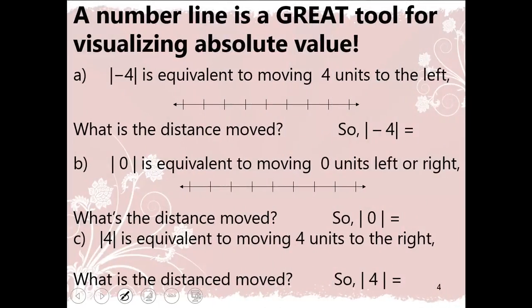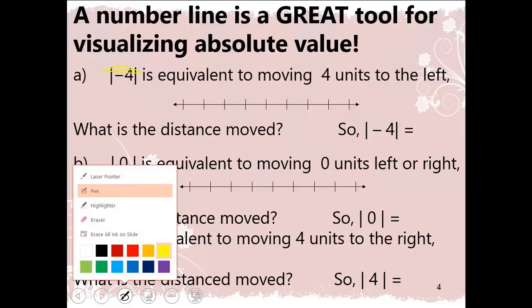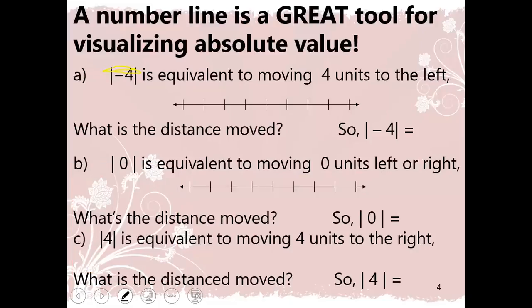So let's take a look at a number line because it's a great tool for visualizing absolute value. All right, let's first do example A, and let's talk about the absolute value of -4. What it's saying is move 4 distance to the left of the number 0. So let's put 0 on here and then move 4 units to the left.